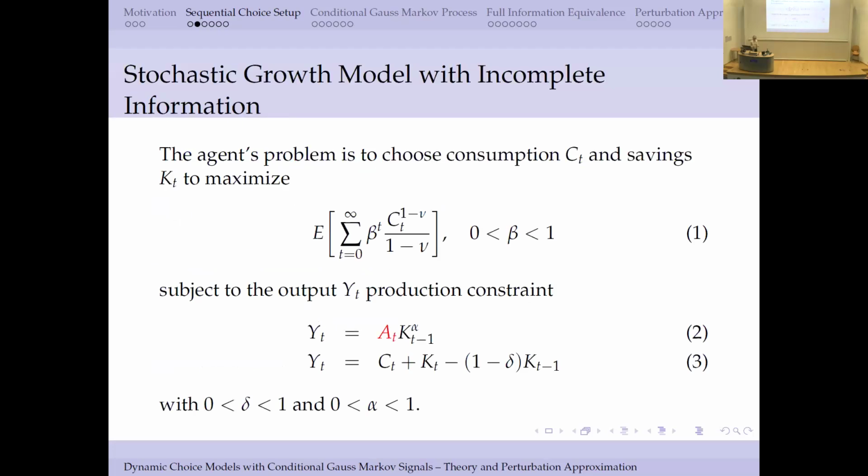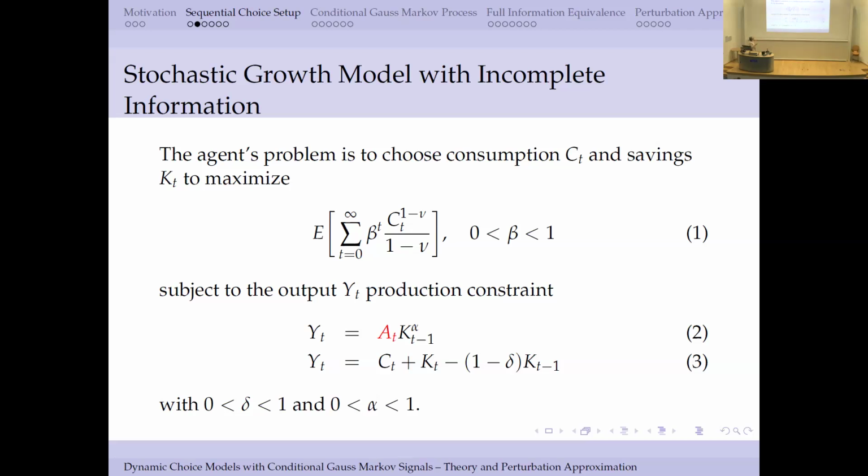All right, so this is again the most stylized, simplest sort of dynamic choice model that we could think of in the macro setup. You have a representative agent, she chooses her consumption and savings, she maximizes the expected lifetime discounted utility, notice infinite horizon, and then she has some output and budget and capital accumulation constraints.